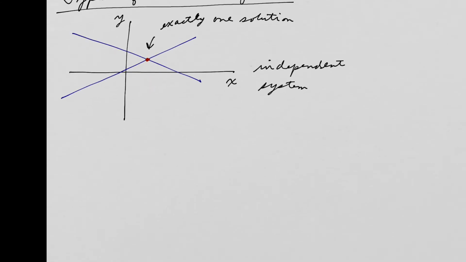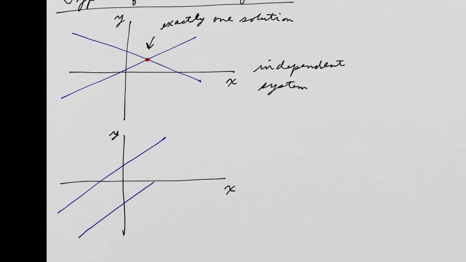Okay, another possibility is that the lines could do this. Right, they could be parallel. So what does that mean? Well, if the lines are parallel, it means that they never cross, right?